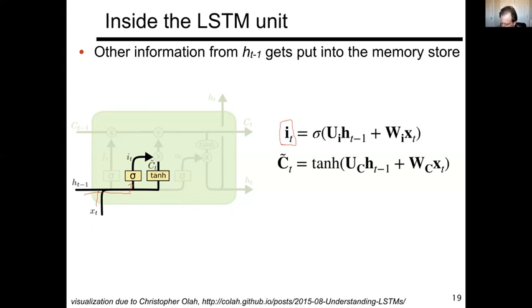First, a candidate cell state, C tilde sub t, is generated. This looks very much like a traditional SRN update rule: once again, the weight matrices are applied to the preceding hidden state and current input respectively, and we get a candidate cell state. Now these two things are combined in the following way.